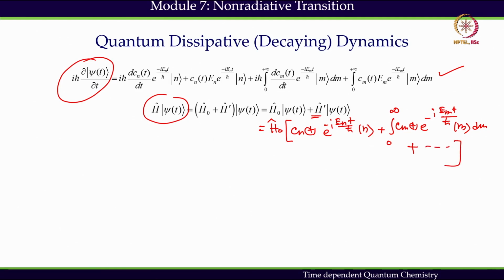And if we do that, then finally, because it's a TDSE, we have to equate the left hand side and right hand side.